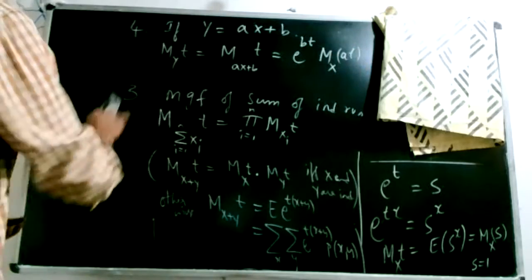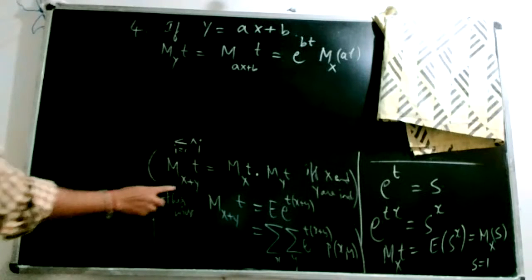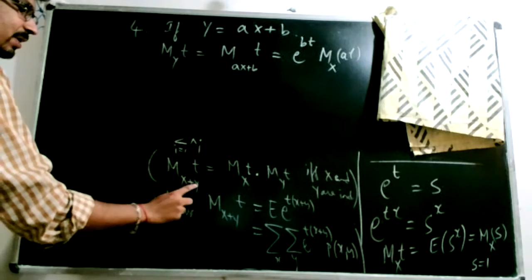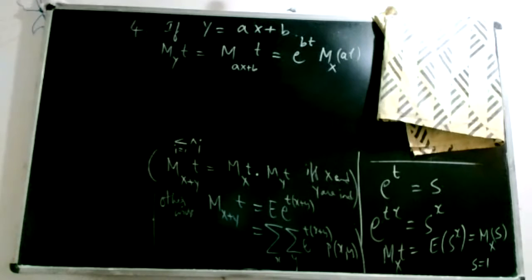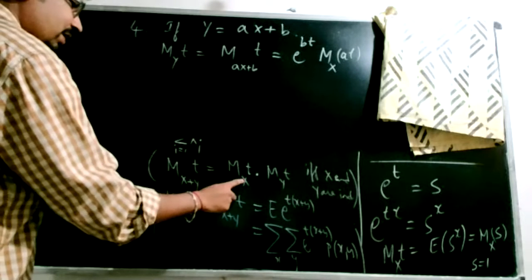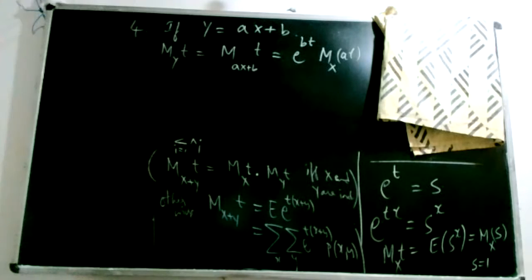That will be true. And similarly, if you take the linear combination of the sum of independent variables, like say ax plus by, where x and y are independent, and a and b are constants, then this will be Mx(at) times My(bt).